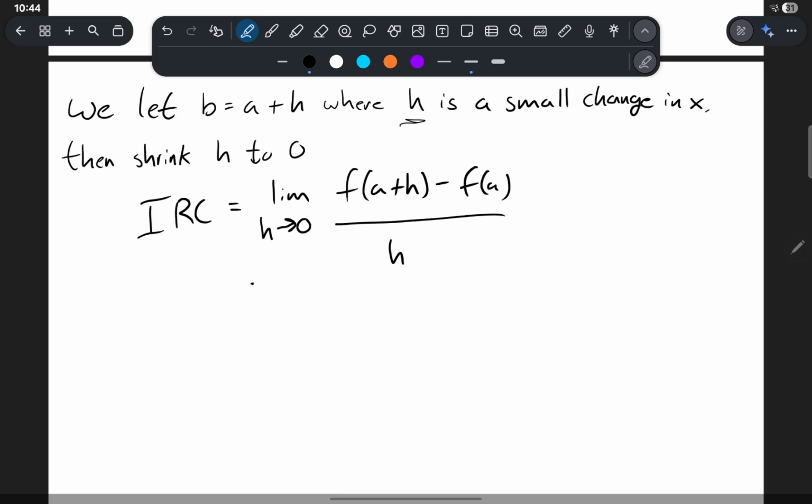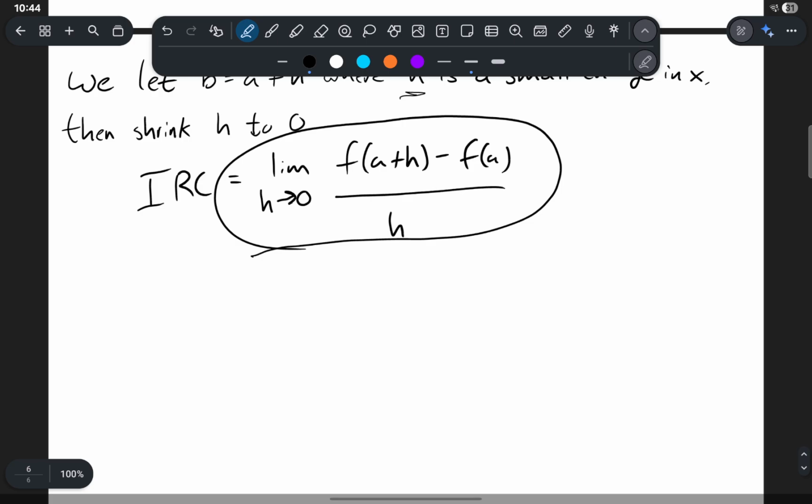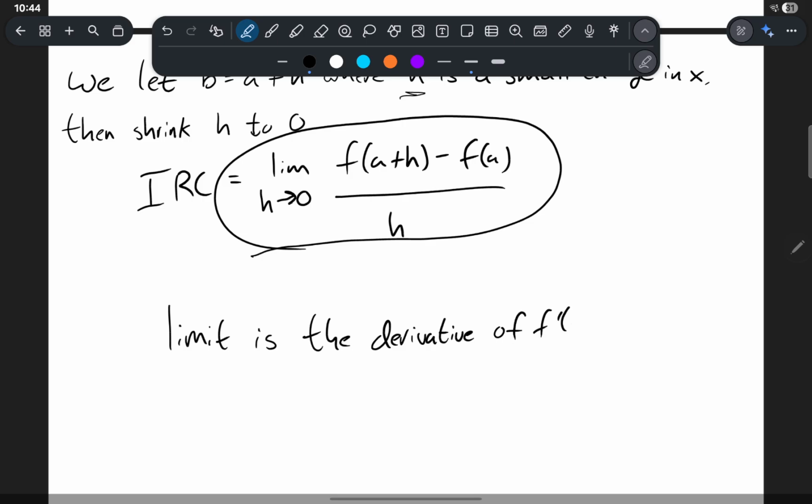This is a core formula in calculus because geometrically the secant line becomes the tangent line, which means the limit is the derivative, f prime of a.